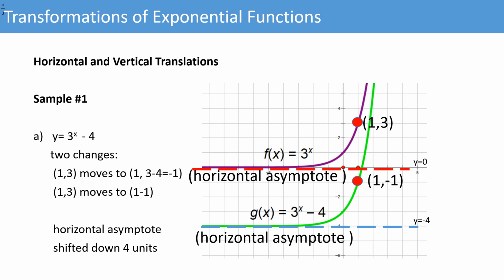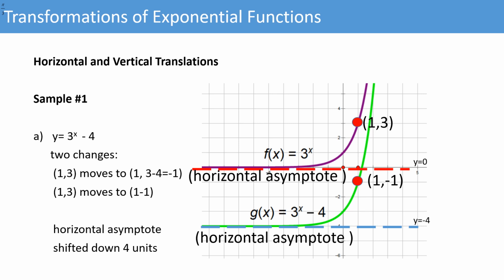And if we look at the function y = 3^x, we will see that it passes through the point (0, 1), and it then passes through the next point at (1, 3). These are going to be our two comparison points.